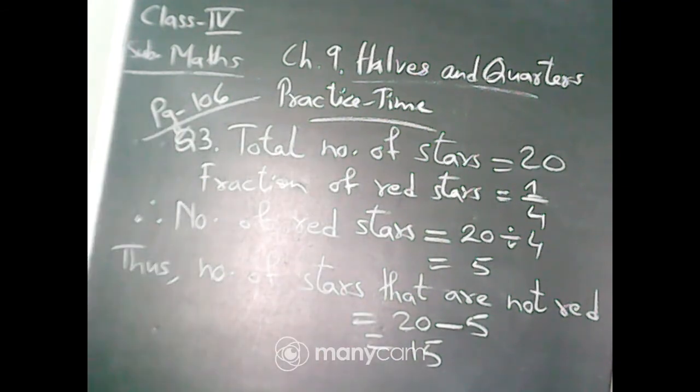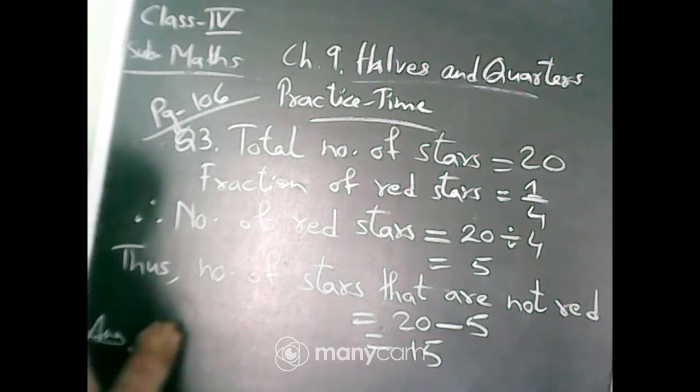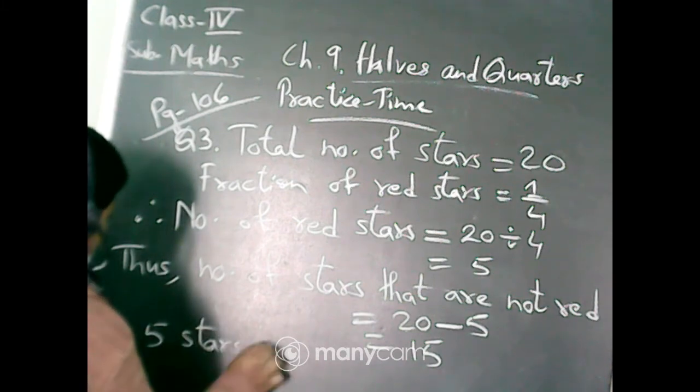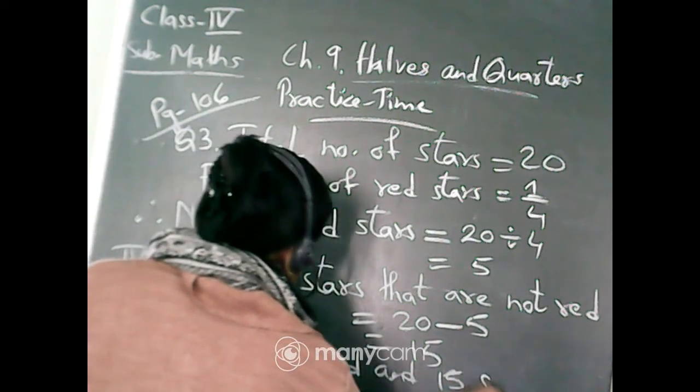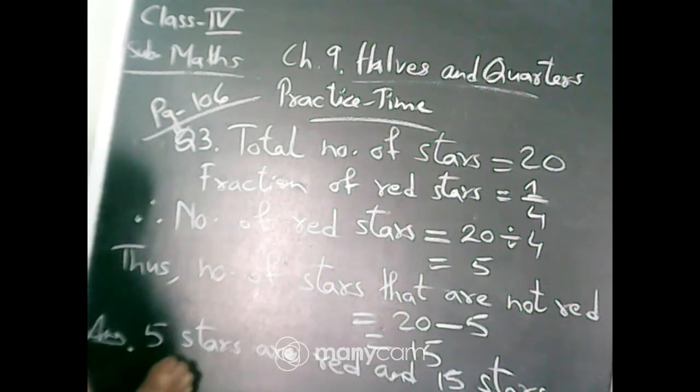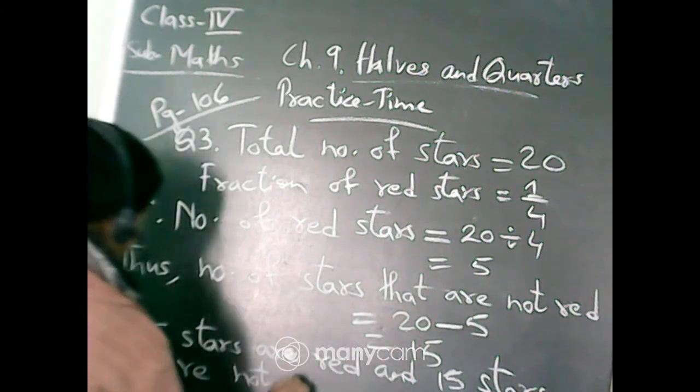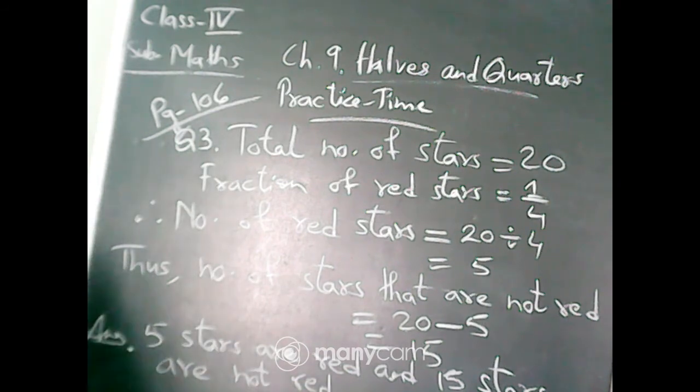So the answer you will write: 5 stars are red and 15 stars are not red. So quickly write it down, then we will do question number 4.